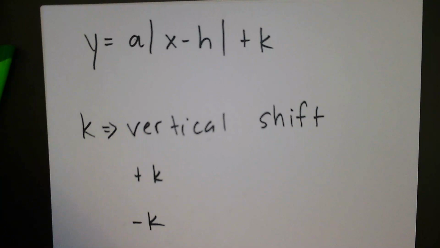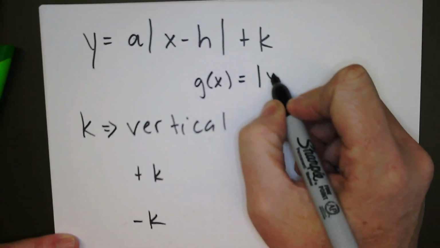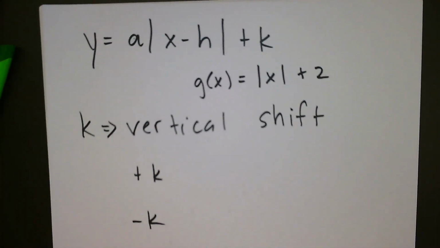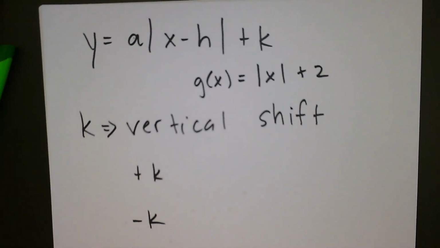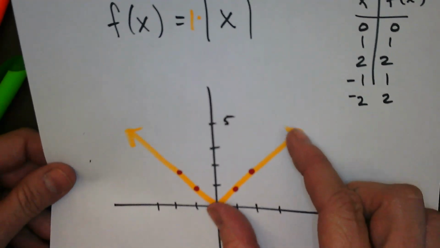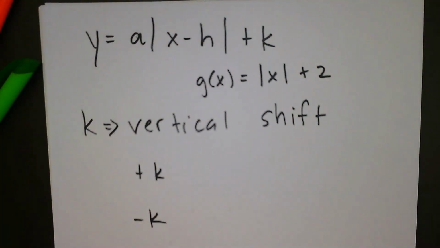So this would be something like if you had g of x equals the absolute value of x plus 2. This is taking my absolute value V and it is going to just shift it vertically. So if I had this function, this orange piece would just move up 2 units. My vertex would then go up there to 2.